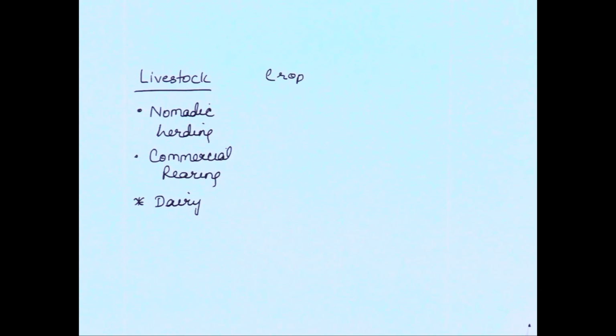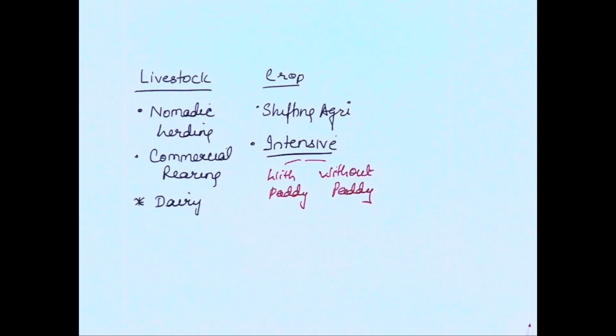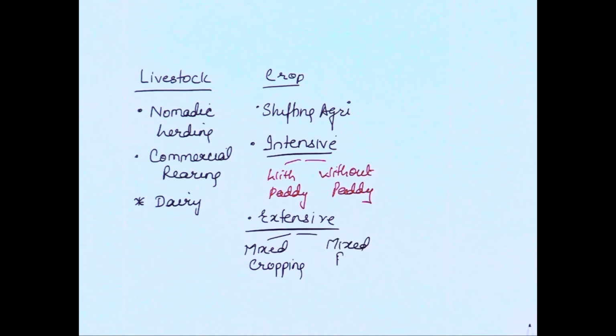If it is crop, it can be shifting agriculture, it can be intensive agriculture, with paddy, without paddy, it can be extensive agriculture, which can be mixed cropping, or mixed farming.